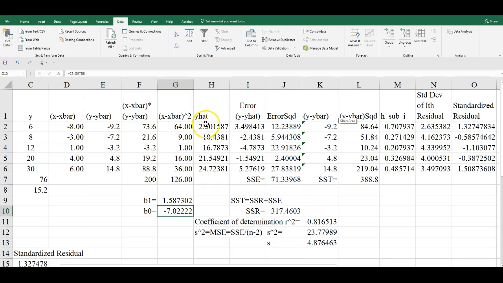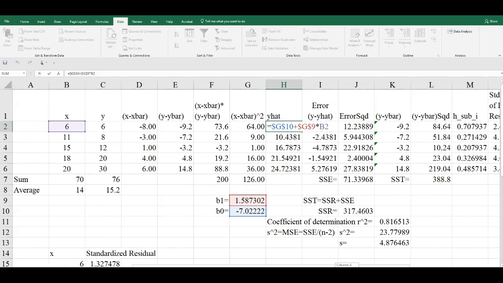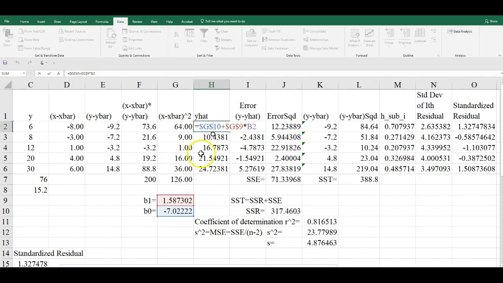So we start with y hat, which is simply the predicted values using the x values. So we use our regression equation to calculate the predicted values in each case for each x value. I'll let you see the equations again.